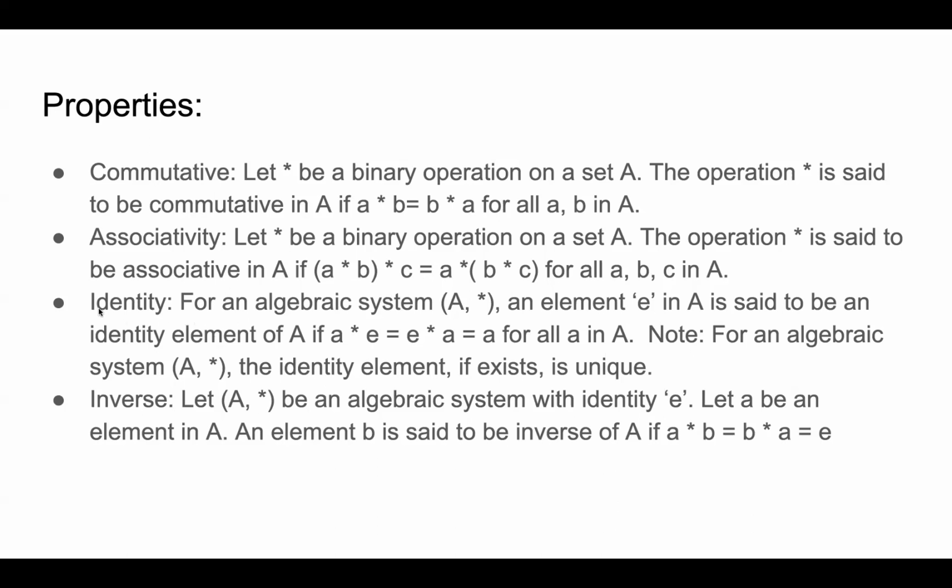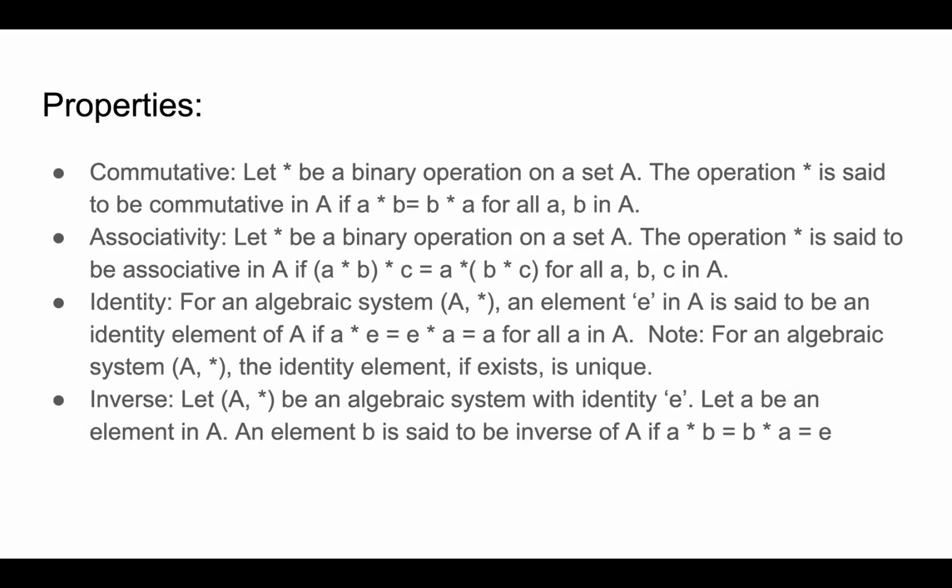Then identity, the very important property, is identity. For an algebraic system A star, an element E in A is said to be an identity element of A if A star E is equal to E star A is equal to A for all A in A.